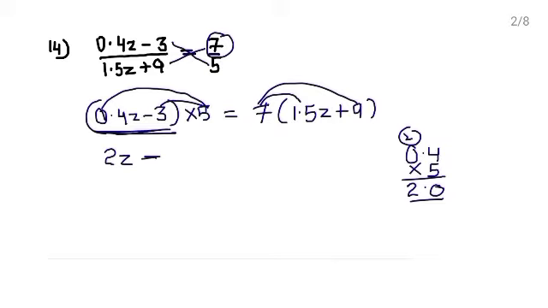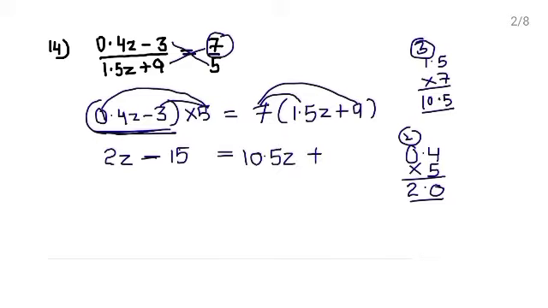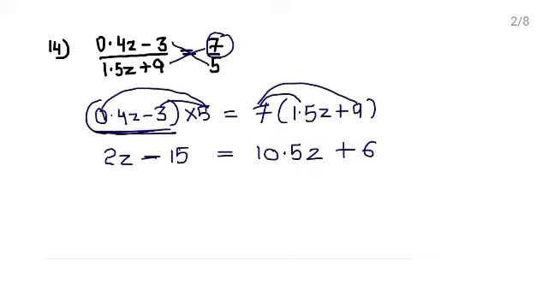So 5 threes are 15 is equal to 7 multiplied by 1.5. 1.5 has to be multiplied by 7. So 7 fives are 35. 7 ones are 7 plus 3 is 10. We have one decimal place, so put the decimal here. So this is 10.5 and then plus 9 sevens are 63.